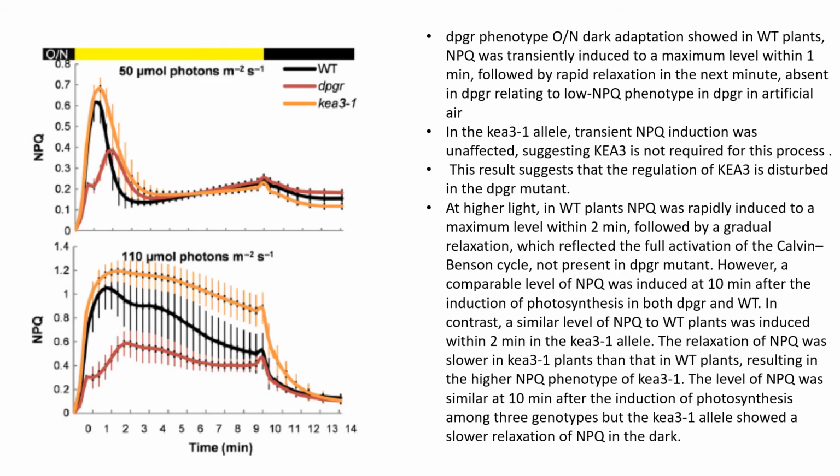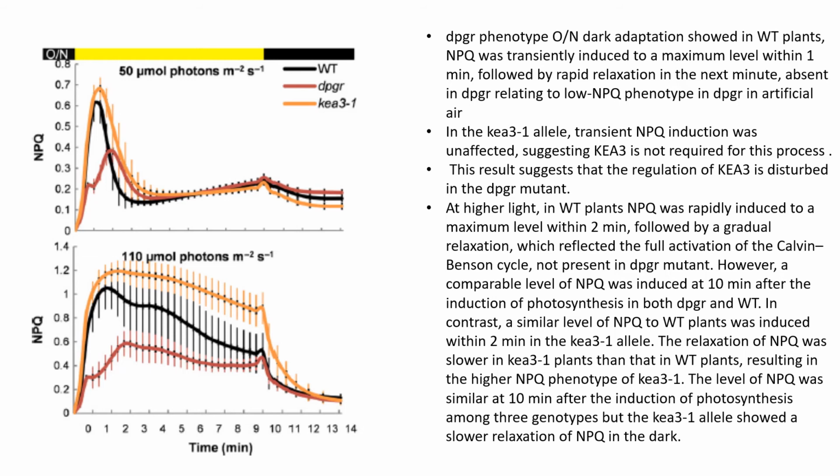In contrast, a similar level of NPQ to wild type plants was induced within 2 minutes in the KIA3 knocked out phenotype. The relaxation of NPQ was slower in the KIA3 mutant plants than in the wild type plants, which resulted in a higher NPQ phenotype for the KIA3 mutant.